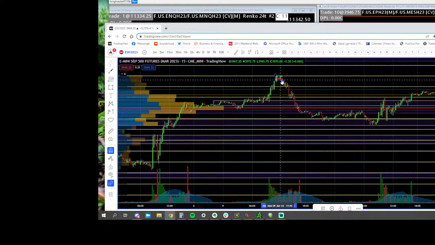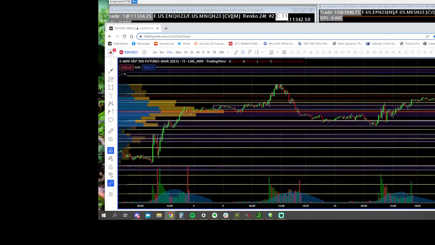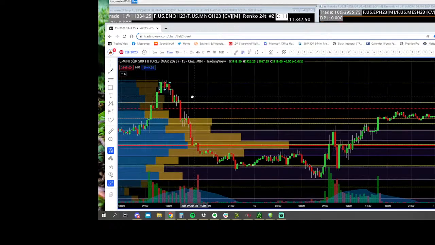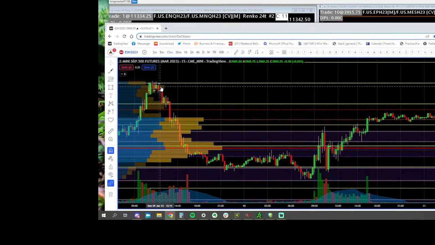That is the magnet. Okay. Sorry, I forget I'm on a big TV. You guys are. So this, see that high volume node right there? That little spike? That's going to be the magnet if we can get in here.